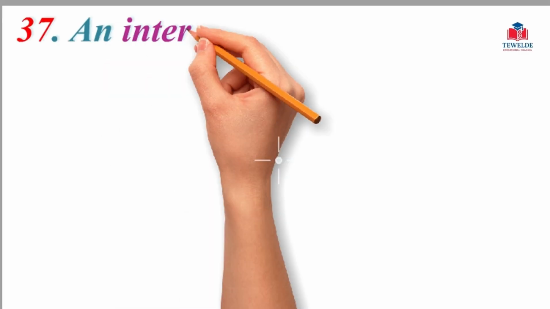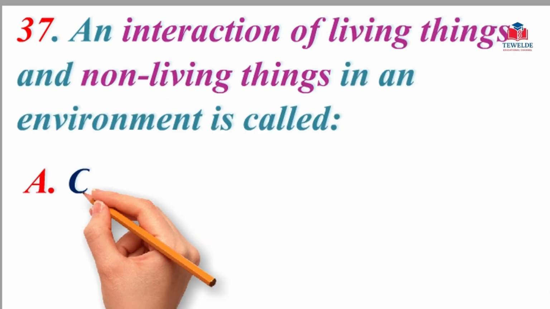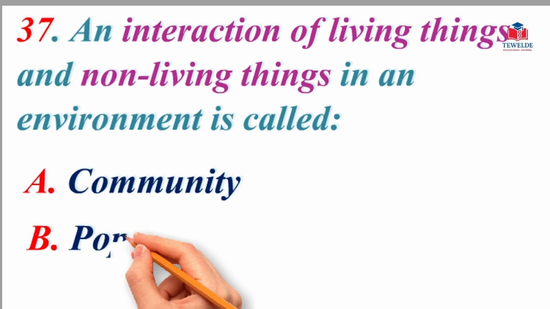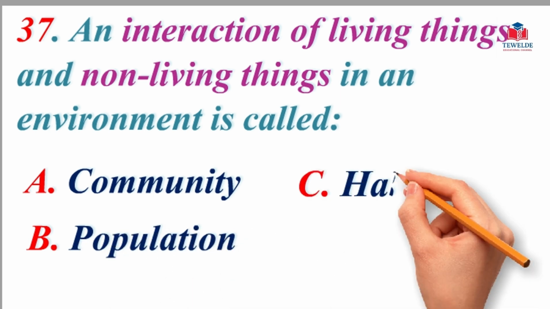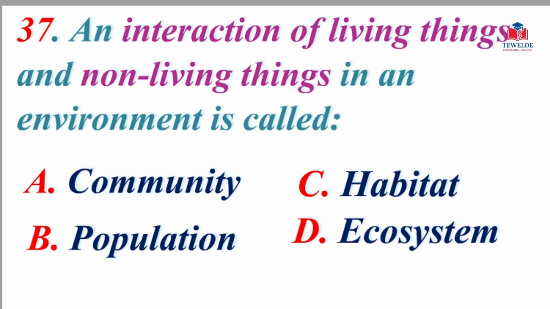Question number 37. An interaction of living things and non-living things in an environment is called A, community, B, population, C, habitat, D, ecosystem.